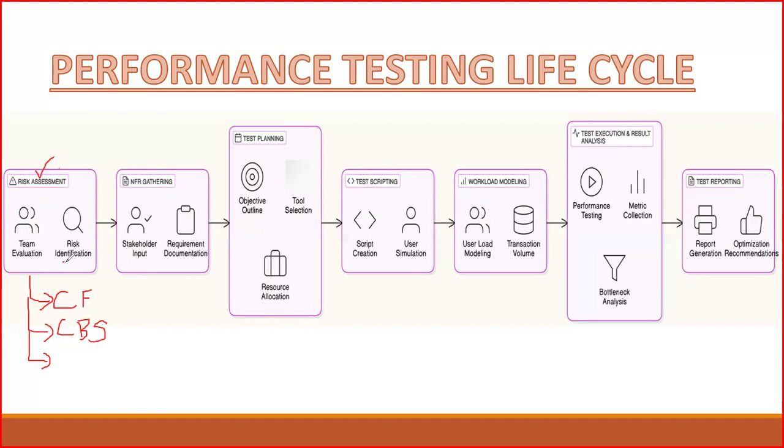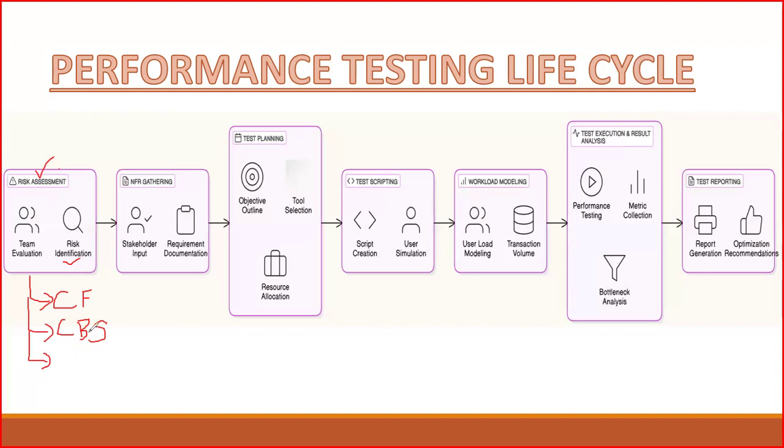Along with that, we need to identify the risk as well as mitigation, which is very, very important. While doing the performance testing, what are the risks that we may expect, and how do we need to mitigate that particular risk? So those things we need to identify in the risk assessment stage. This is not only related to the flows, but also the server side.